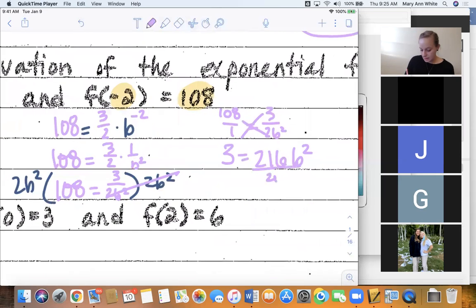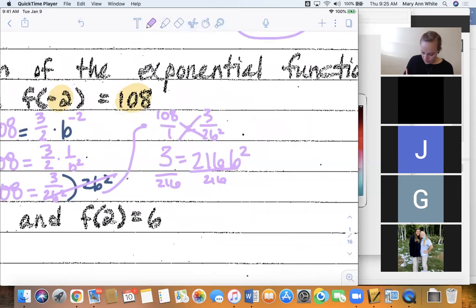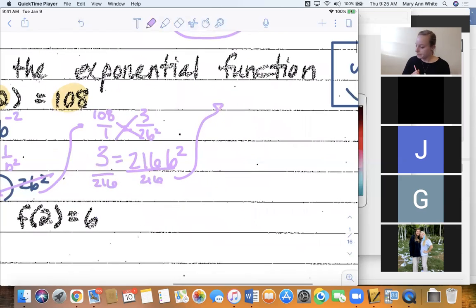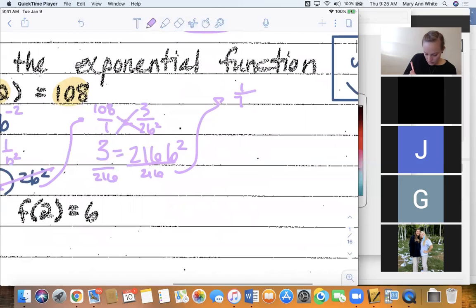Divide by 216. Don't have a lot of space, I'm just going to keep bringing it up. You can make it a fraction, you can make it a decimal. The only thing is a decimal is not going to be as nice. You're going to get a really weird decimal in a little bit, so I'd rather you keep it as a fraction right now. 3 divided by 216, I'm going to leave it as 1/72 equals b squared.